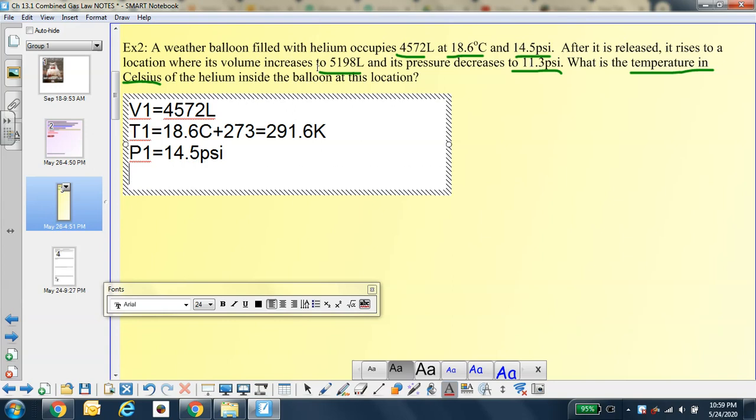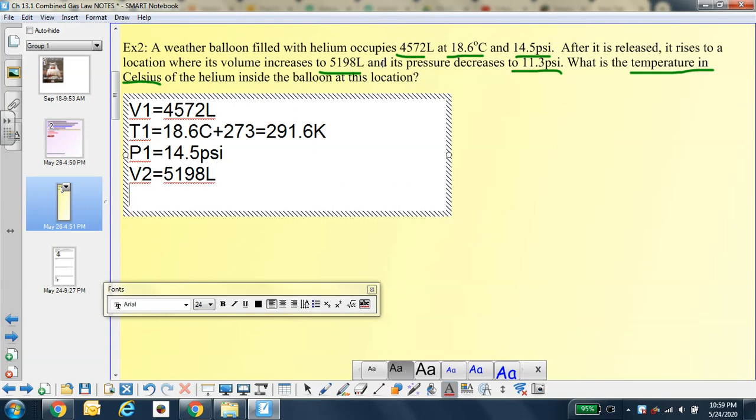Its volume increases to 5,198 liters. Its pressure decreases to 11.3 psi.